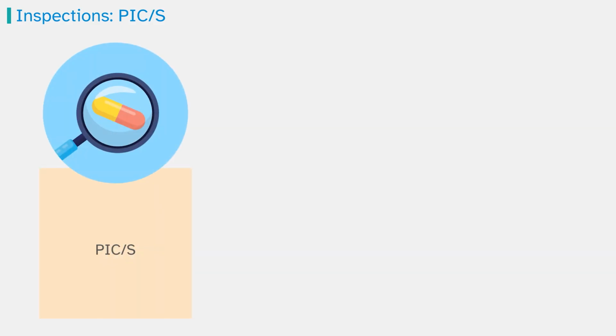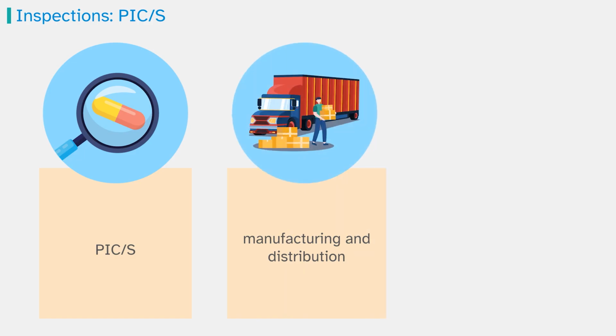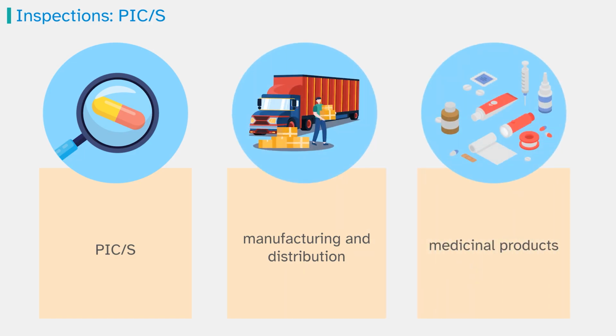For example, the Pharmaceutical Inspection Convention and Pharmaceutical Inspection Cooperative Scheme, or PIC/S, is a non-binding, informal cooperative arrangement among regulatory authorities in the field of good manufacturing and good distribution practices of medicinal products for human or veterinary use, and also more recently in good clinical and good vigilance practices.